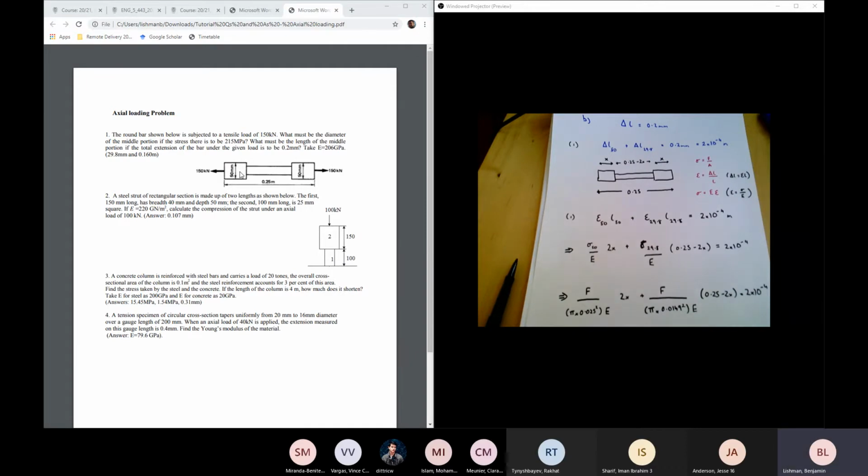Is this right? So half of 0.05 is 0.025. Do you mean this number here? If you can see my mouse. I think that one's okay.